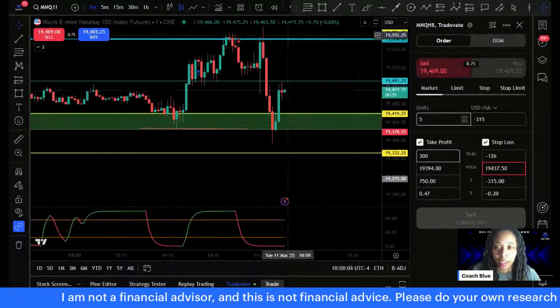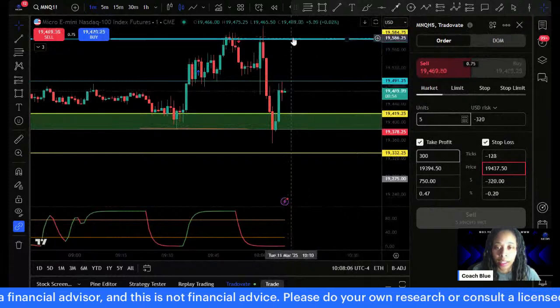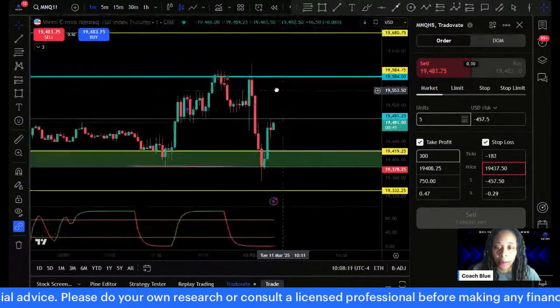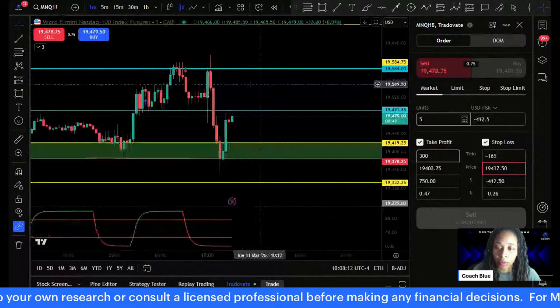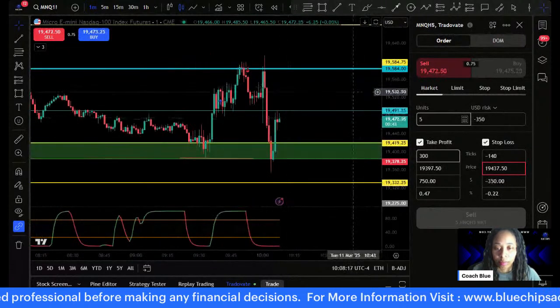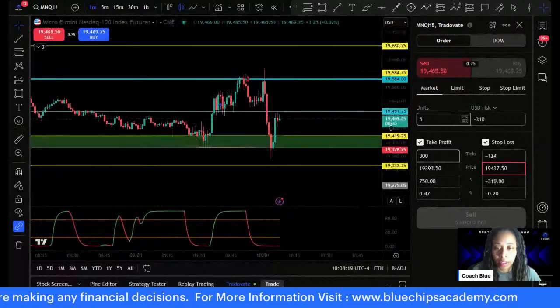If we get up to the top here and we don't get a BPC, might have to call this one a day. We'll see, because we might be ranging for the rest of the day.